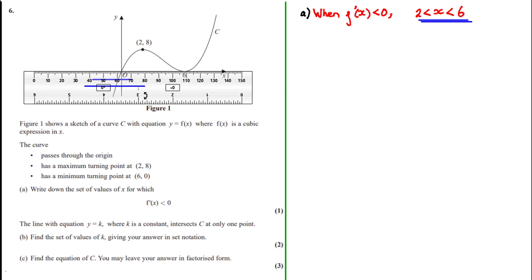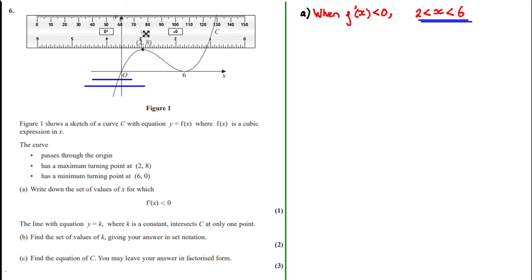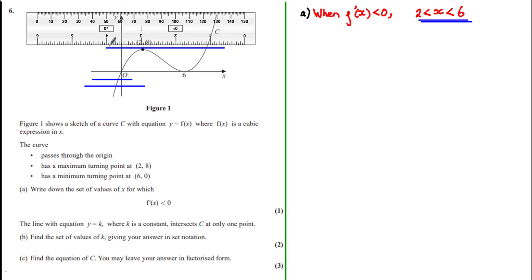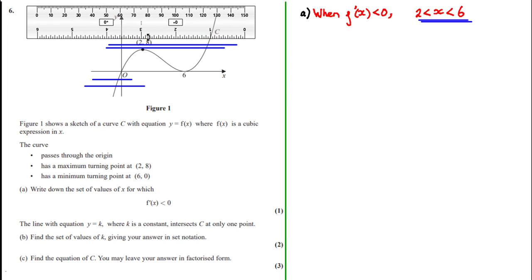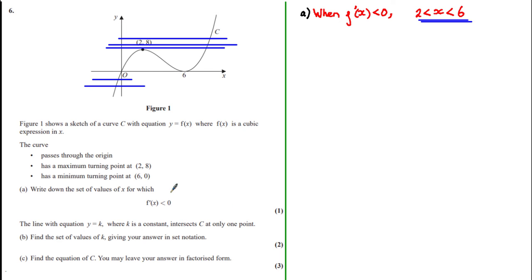And hopefully you can see that there is another set of horizontal lines that only intersect with our curve C once. And it's the set of horizontal lines y equals k, where k is strictly greater than 8. Okay? So these are all lines that you can see only intersect with the curve C once. So just to be super explicit, it's going to be this whole region here.